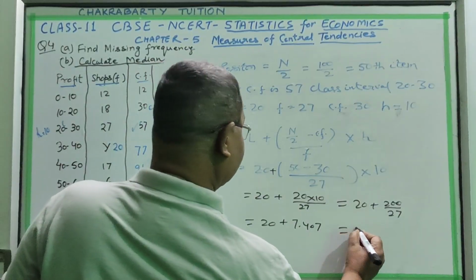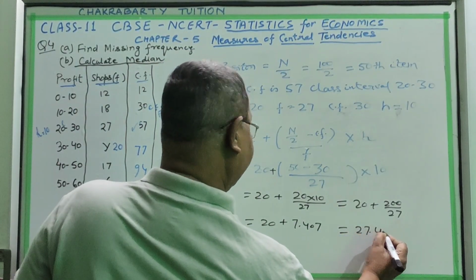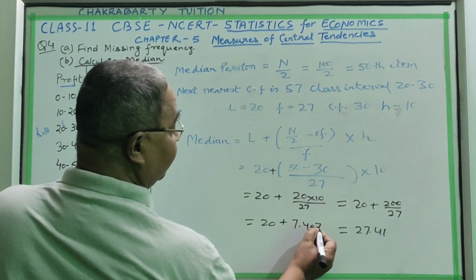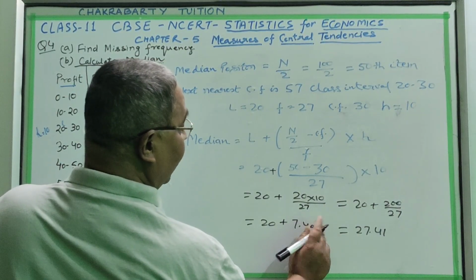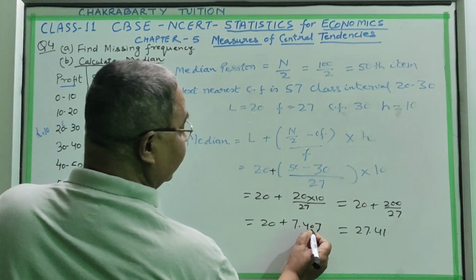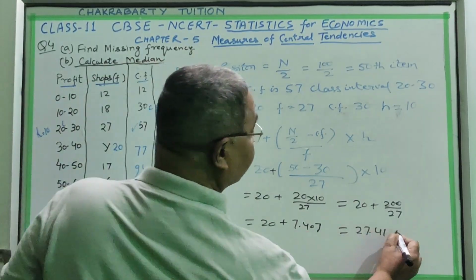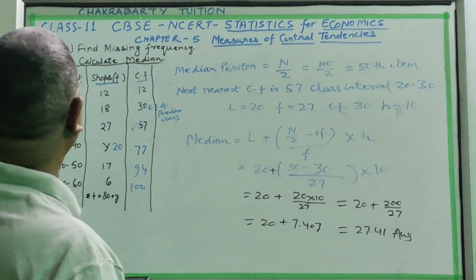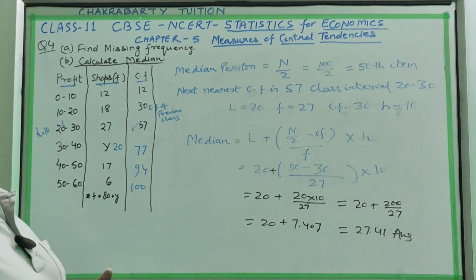So what will be your answer? 27.41. Because this rounding you can make. 7 you will delete, 7 will go out, and it will increase this 0 to 1. So this is your answer. So now your median is also over. Now question 4 is over. We will go to question number 5.